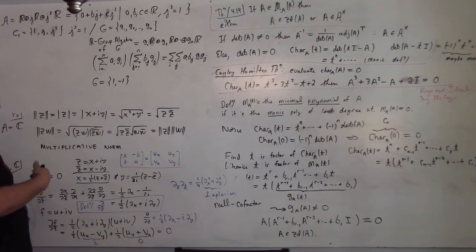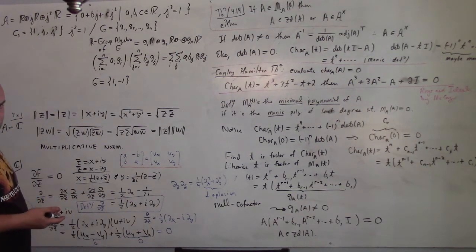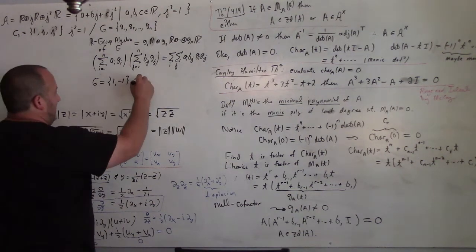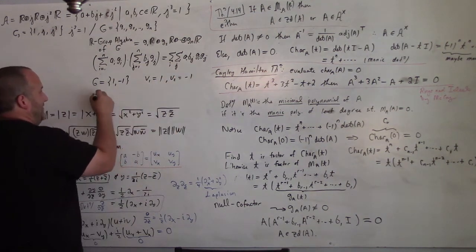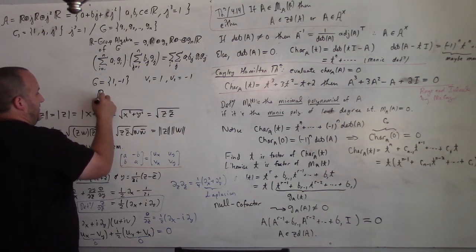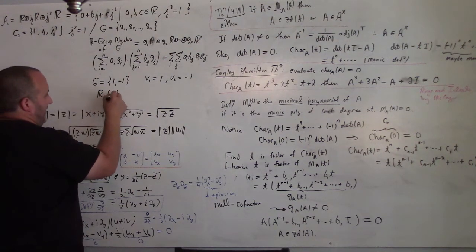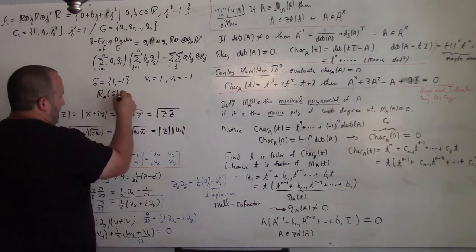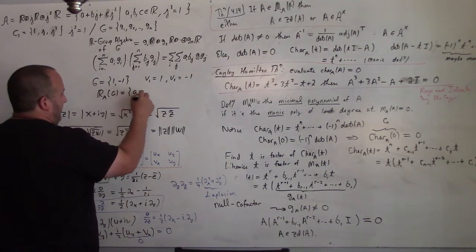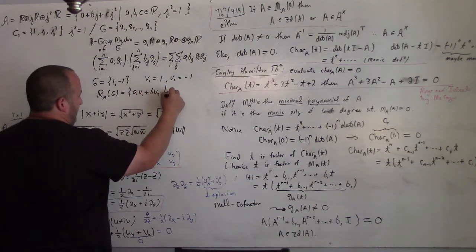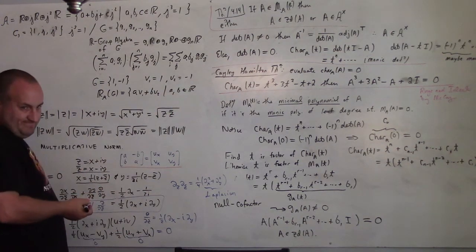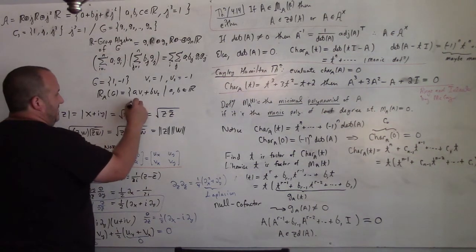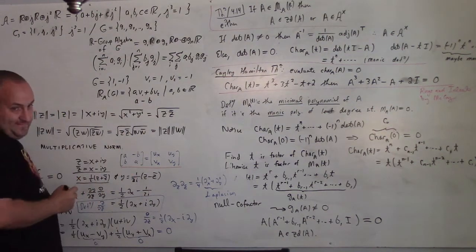If you were to build the real group algebra from this, you should think of it as v1 equals 1, v2 equals -1, and elements in the real group algebra of G are going to be things like A v1 plus B v2, such that A and B are real. And you're tempted to write that as A minus B, but you can't.